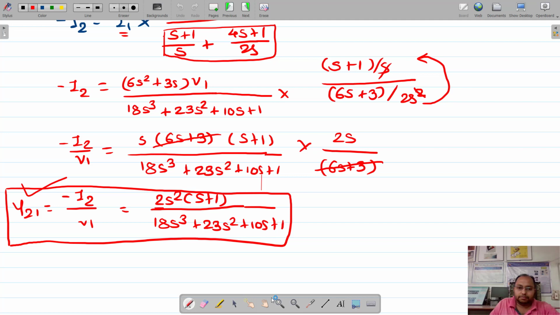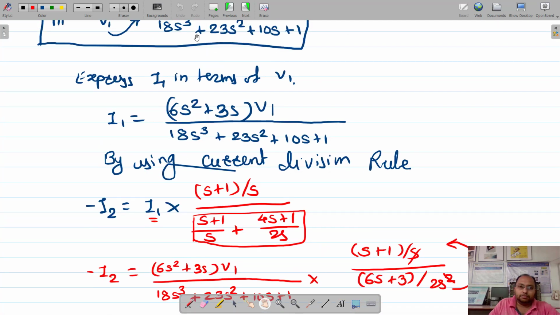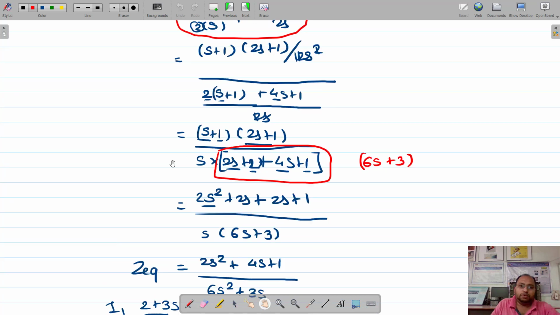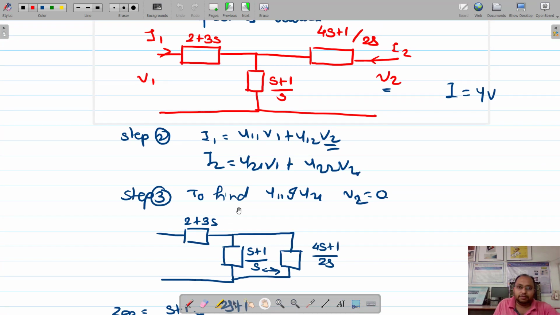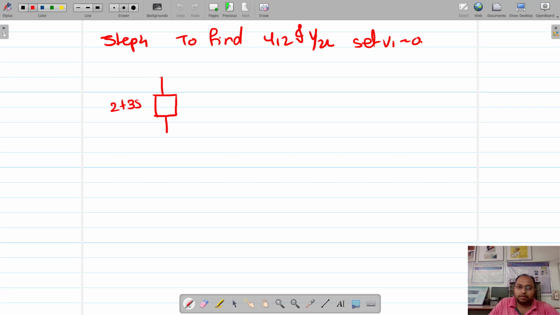Let us check it out. Yes, 2 plus 3s was there, and this is nothing but s plus 1 and 4s plus 1 divided by twice s. Yes, okay, and this is nothing but your s plus 1 divided by s, and this is your 4s plus 1 divided by twice s.